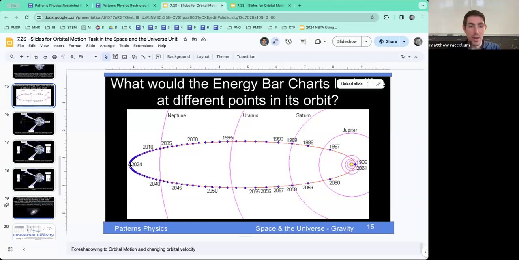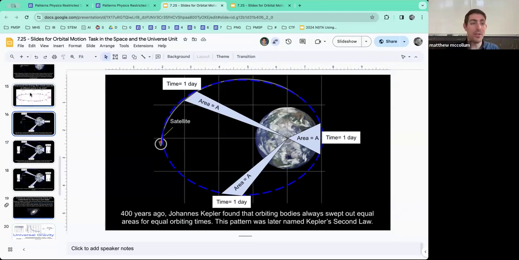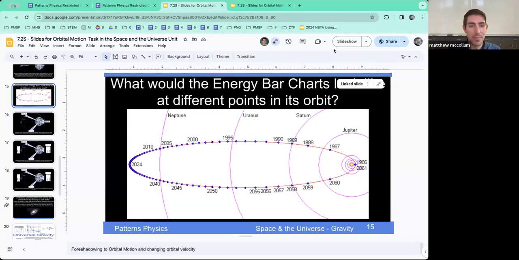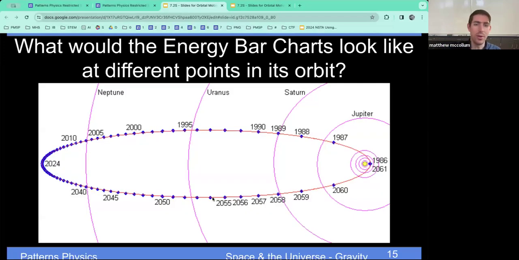Then as it falls in, in about 40 years, it'll be back. You can also see that from a dot diagram, where the dots are so close together, showing how much slower it is moving. So just another connection to something we had done earlier.